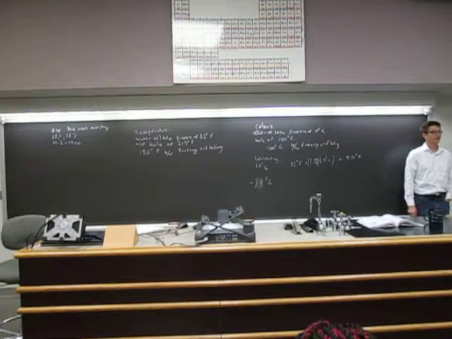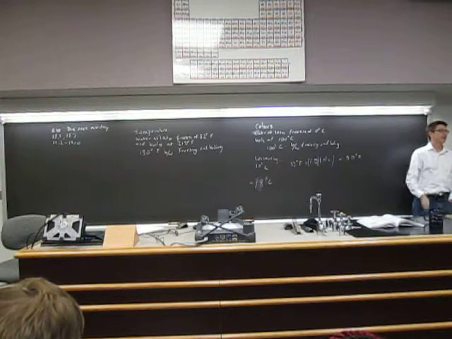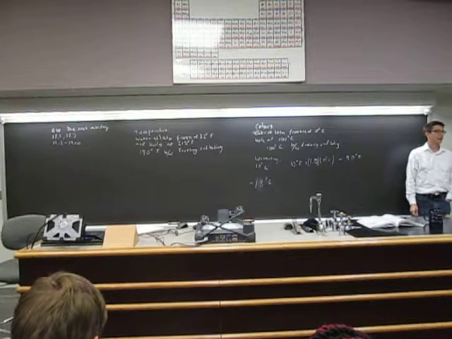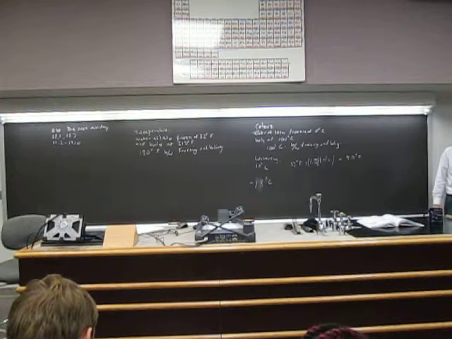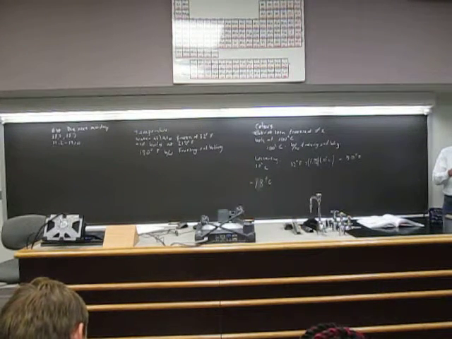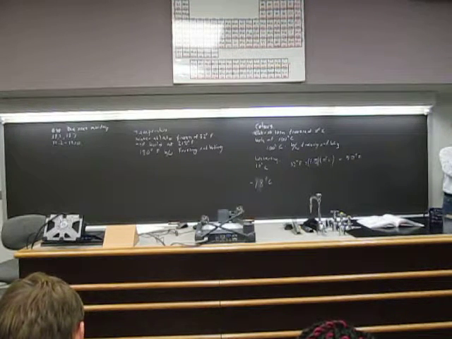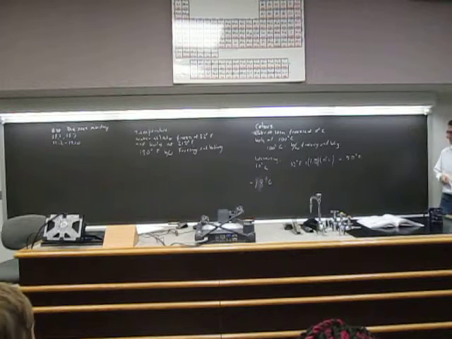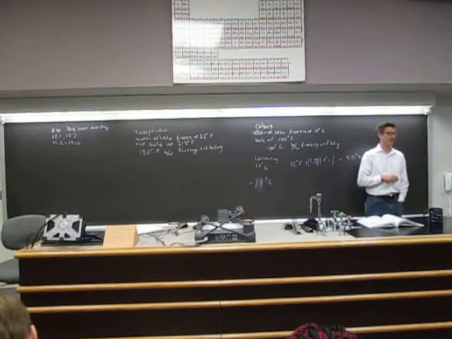Let's see. Trent, you get it? What do you get? 25? Yeah. 64? Not negative .4. Negative 0.4. Well, something's kind of going weird here.